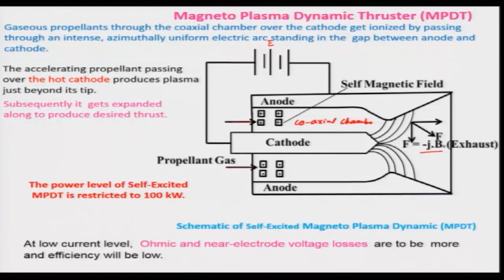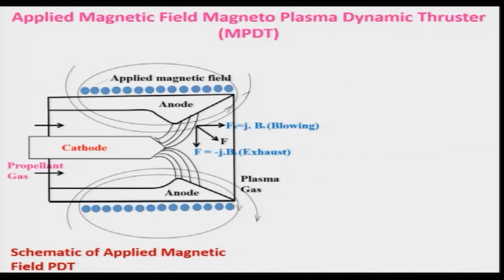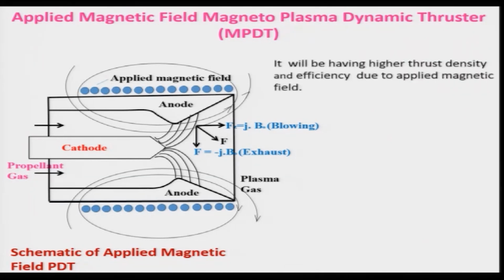In order to augment this further, what is being done is you use the applied magnetic field, which will be accelerating the plasma further, such that you will get the higher thrust or the velocity.